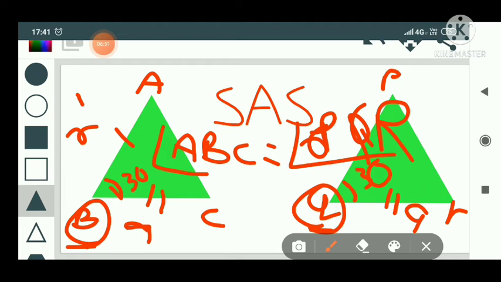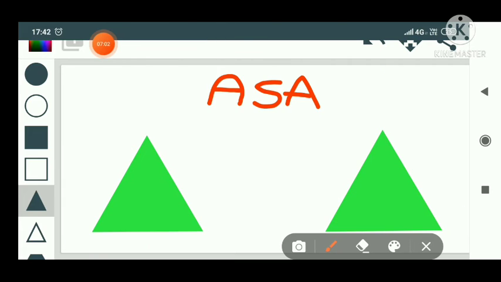Now let us go to ASA and AAS. These both are the same. So let us take ASA congruency. ASA means if any two angles and the side included between the angles of one triangle are equal to the corresponding two angles and the side included between the angles of the second triangle.